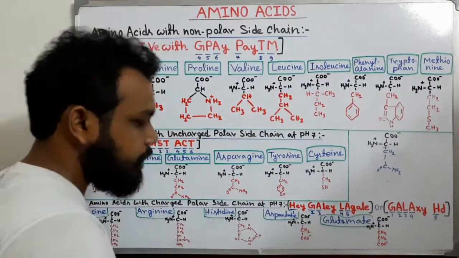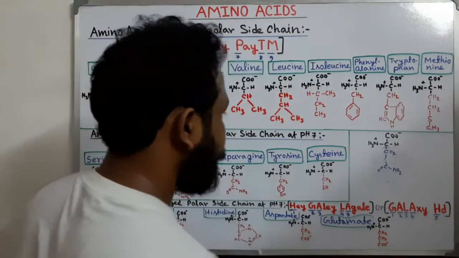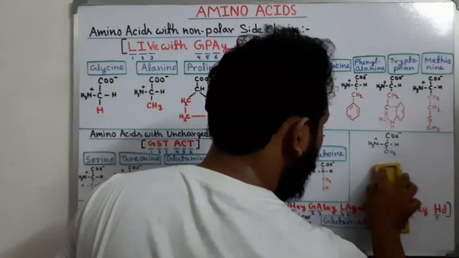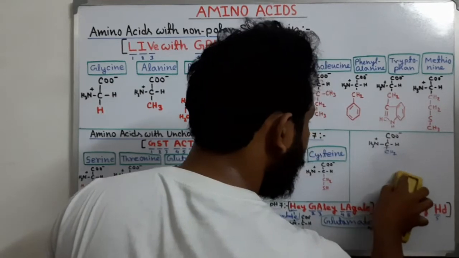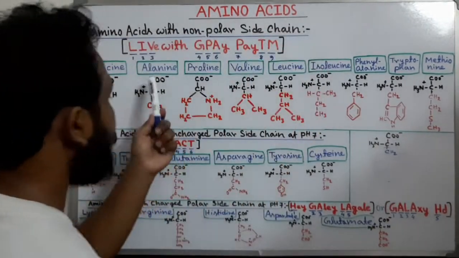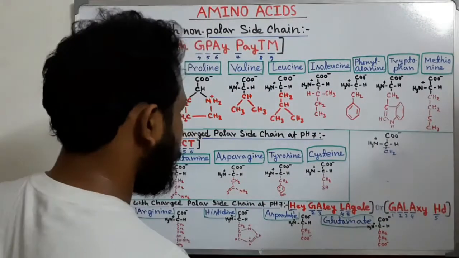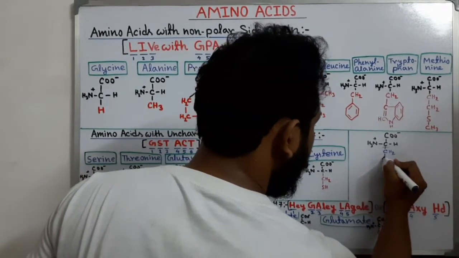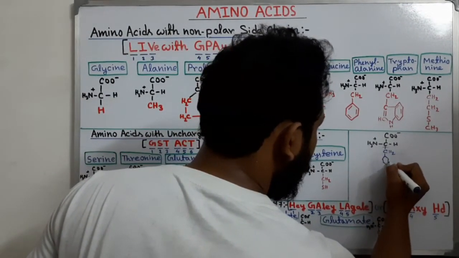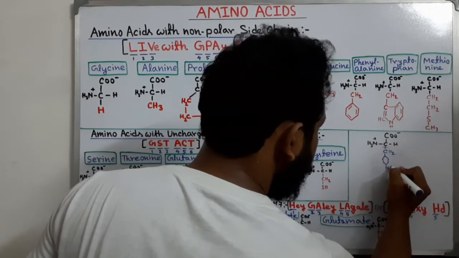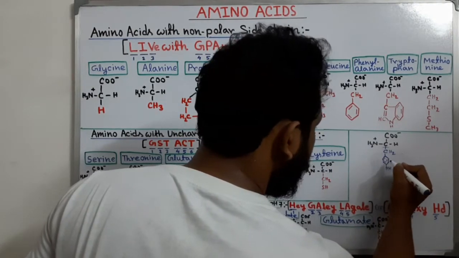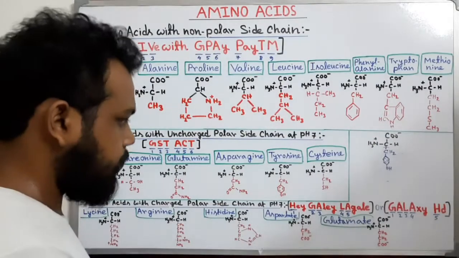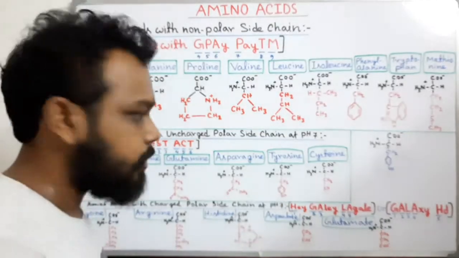Just remember this. To draw tyrosine, first draw the structure of alanine, and just add one phenyl group with OH. This is the structure of tyrosine.